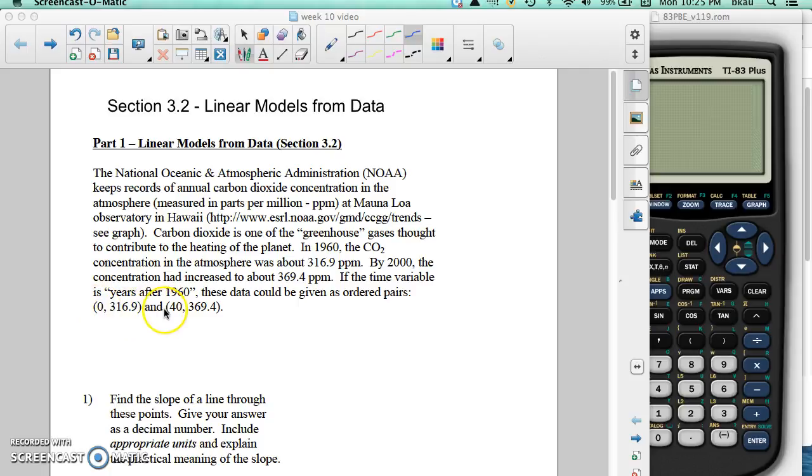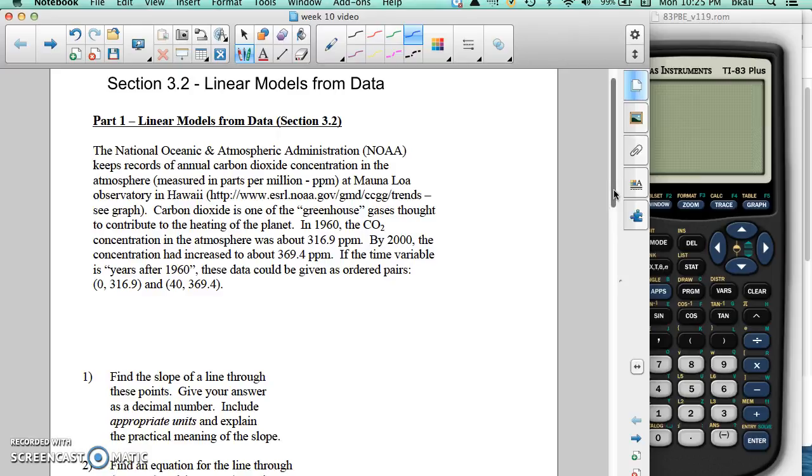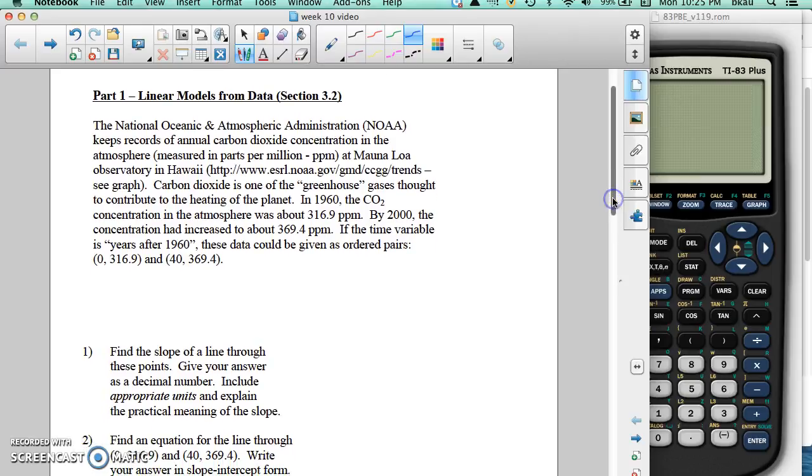And then after 1960, if you look at year 2000, that's 40 years after, so we're going to use 40 comma 369.4. So the first step on this, if we think it's a linear model, is to find the slope using these 2 points. So we're going to do that first.